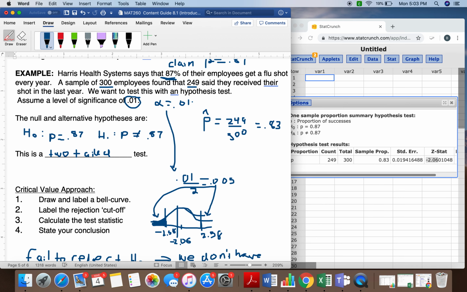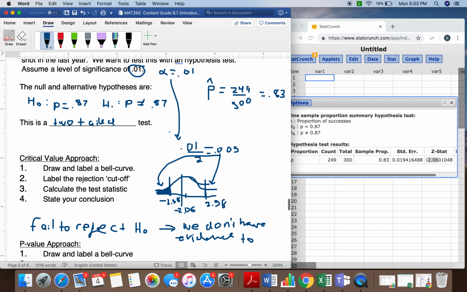So we don't have evidence to reject their claim that 87% of employees got the flu shot. So that could be true. We don't have any evidence against it. We can't say it is true because, again, we can never accept a null, but we can just say that there's not evidence against it.